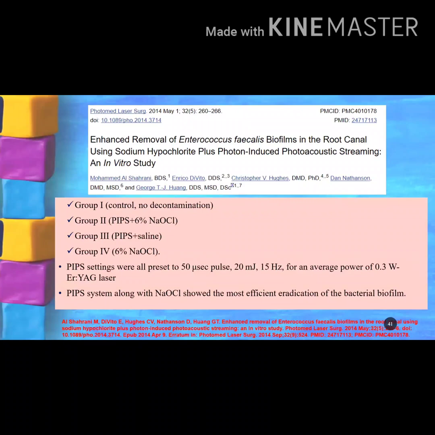Group 3 is PIPS plus saline, and group 4 is 6% hypochlorite. In that they have used Er:YAG laser at settings of 100 microsecond pulse, 20 millijoule, and 15 hertz for an average power of 0.3 watt. In that they have concluded that the PIPS system along with the sodium hypochlorite showed the most efficient eradication of the bacterial film.